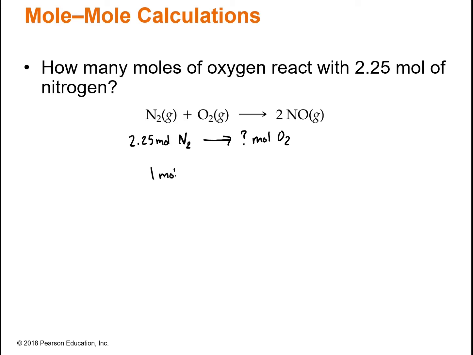There's 1 mole of nitrogen gas over 1 mole of oxygen gas, and just like with all the other unit factors that we have, we can flip that over. 1 mole of oxygen gas over 1 mole of nitrogen gas.